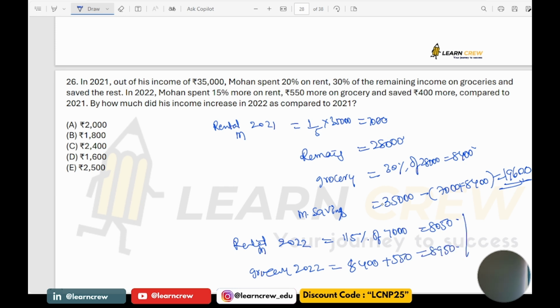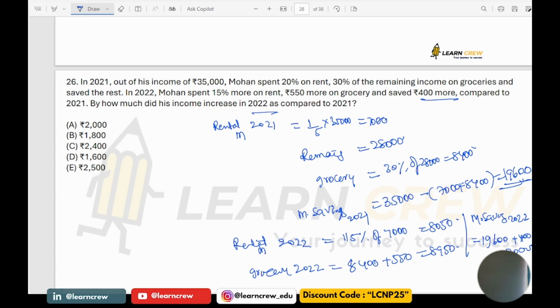Mohan's savings in 2022 is going to be how much? It is 19,600 plus 400, which is equal to 20,000. So 37,000 was the income.